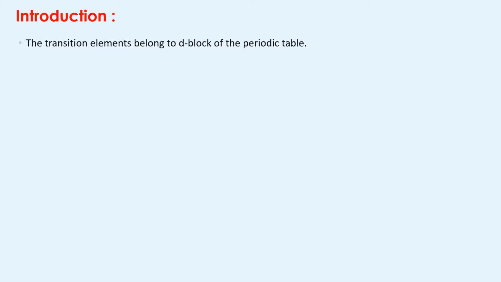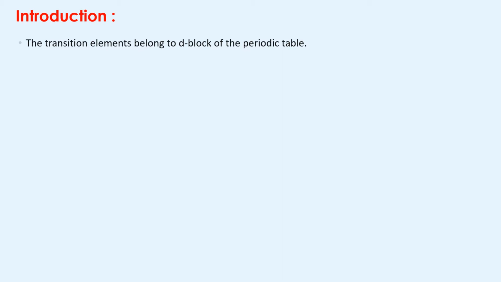So first, transition elements belong to the d block of the periodic table. As you know, the periodic table is divided into s, p, d and f block elements. So transition elements belong to the d block.